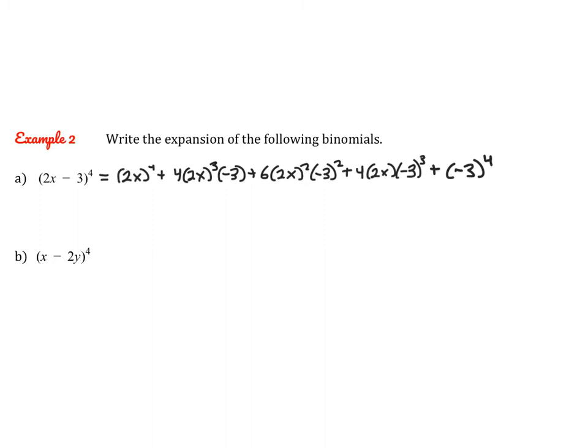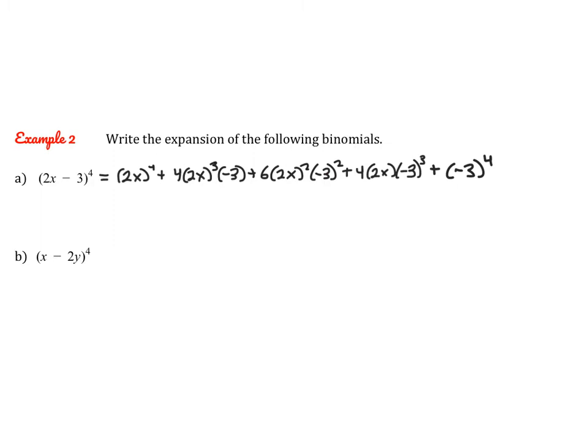So you can see here that we do need to do quite a bit of simplifying, because here we have 2 to the power 4 and x to the power 4. Be careful that you are doing the entire term. Here we have 4 times 2 cubed times -3. Here we have 6 times 2 squared times -3 squared, so on and so forth.